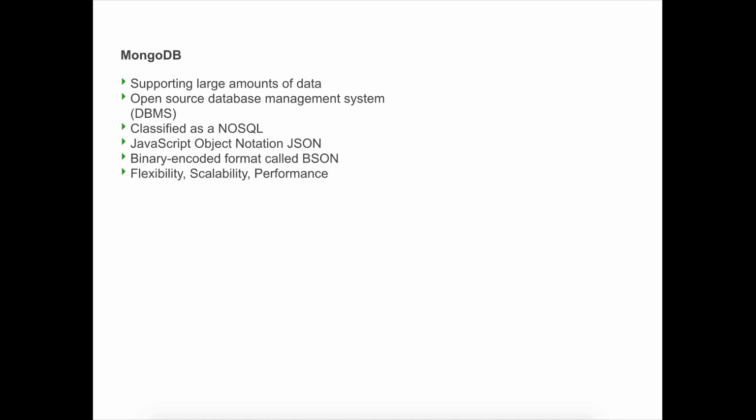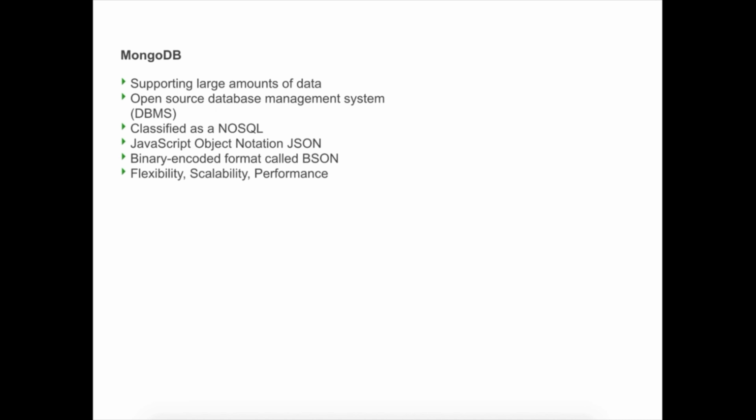MongoDB also uses JSON. JSON stands for JavaScript Object Notation. JSON-like documents means that fields can vary from document to document, and data structure can be changed over time. This is not an option that is easily done within a relational database.